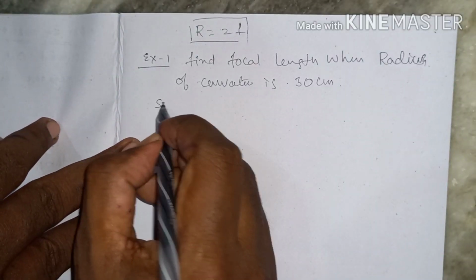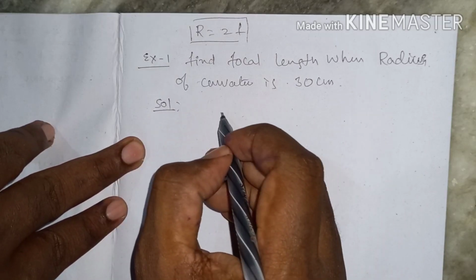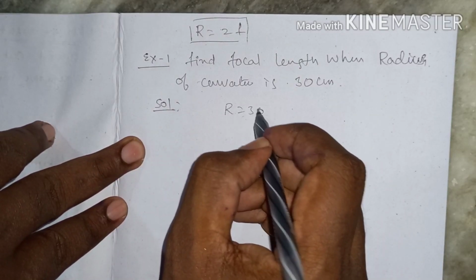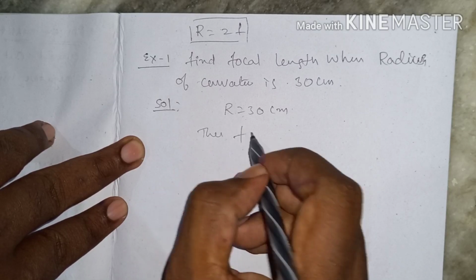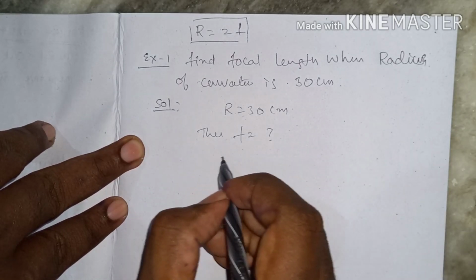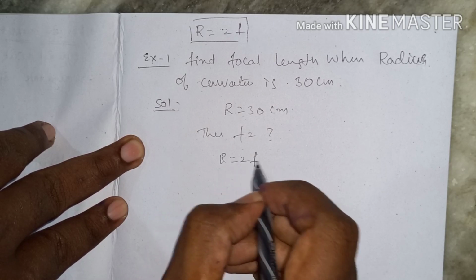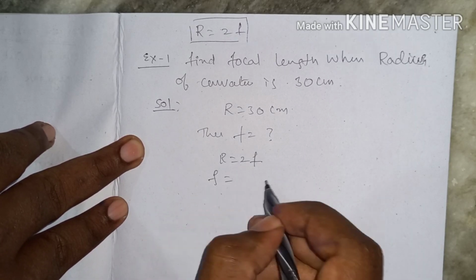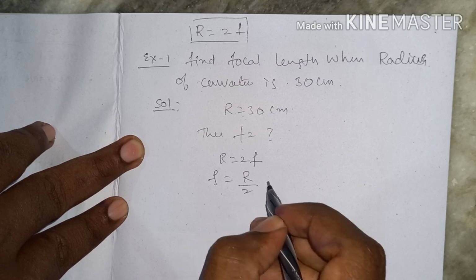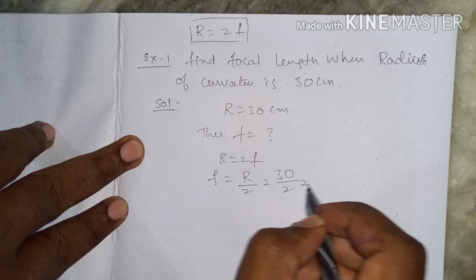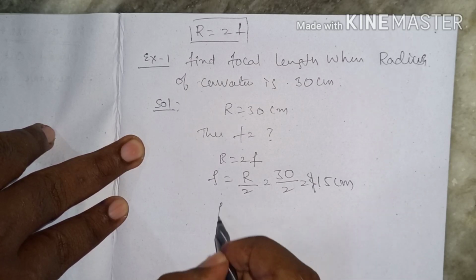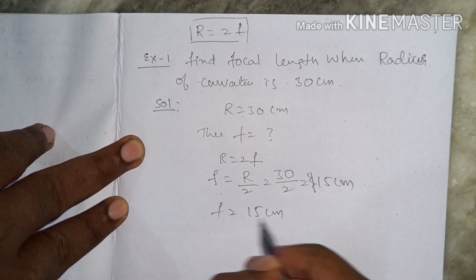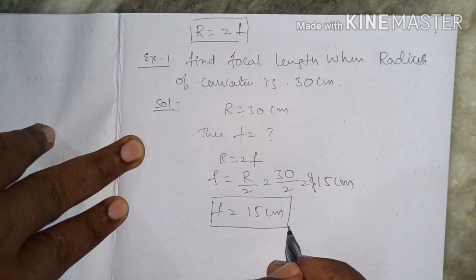Solution: R is equal to 30 centimeters, then f is equal to what? The formula is R is equal to 2f, then f is equal to R by 2, that is 30 by 2, that is 15 centimeters. So the f value is 15 centimeters.